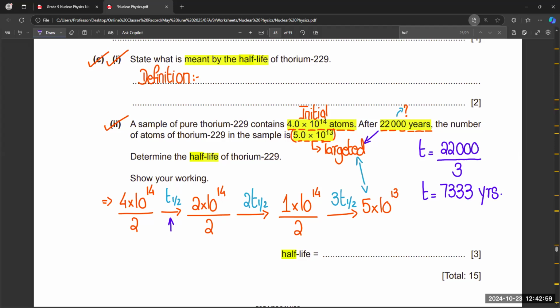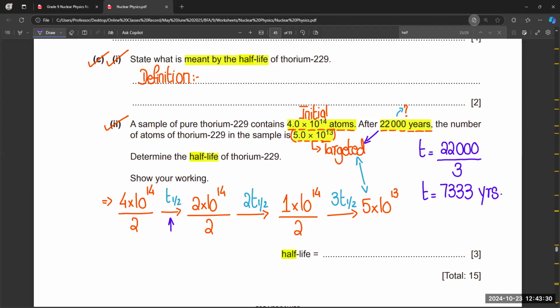For example, if you got 4 half-lives, the initial value was this, and they also know that after 22,000 years they got this targeted value. Now they are asking about the half-life, like how much time it requires to decrease to its half value. Like if we perform the first half-life, how long will it take? We don't know this value before.